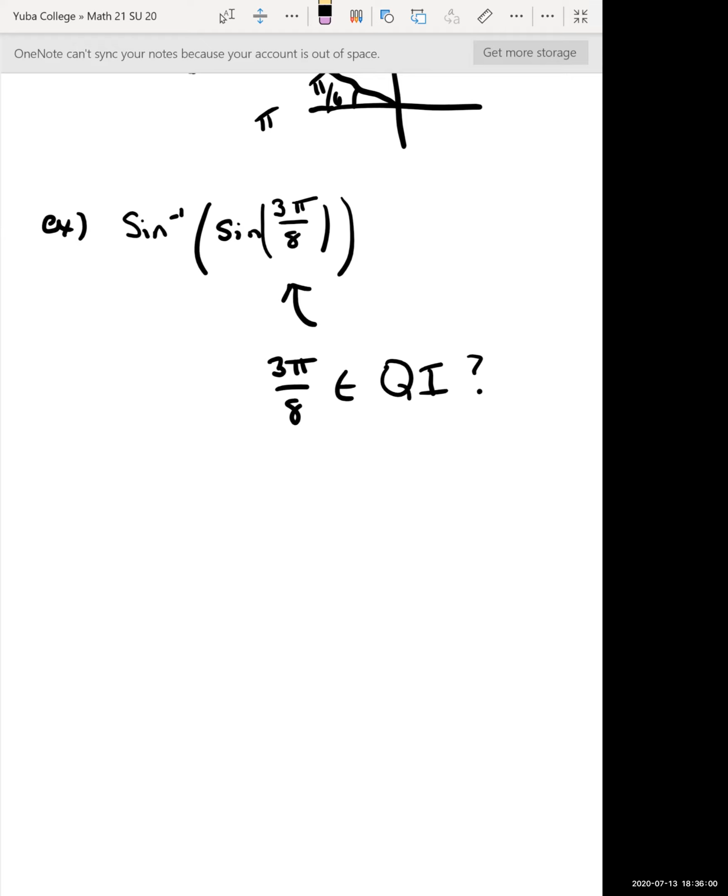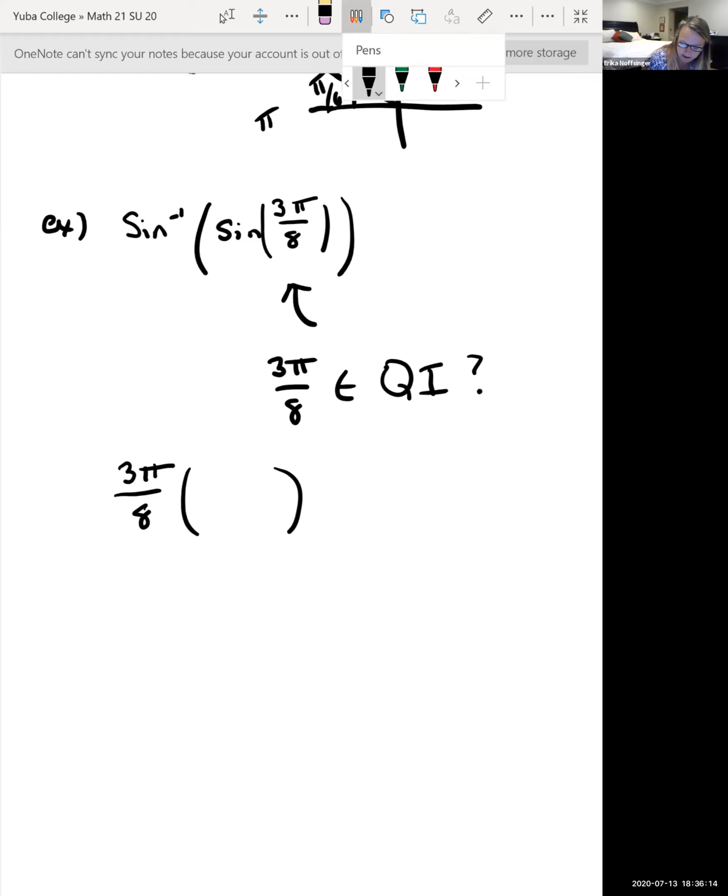So how can I show that it is in quadrant 1 or not? Convert it to degrees. I would probably convert that to degrees because I don't notice what that angle is. So going to degrees, we're going to multiply by 180 over pi. So the pi's cancel.